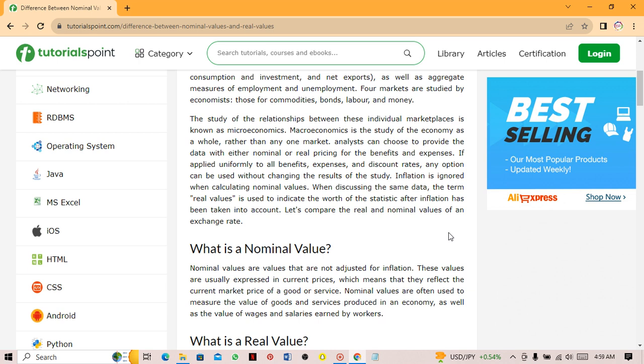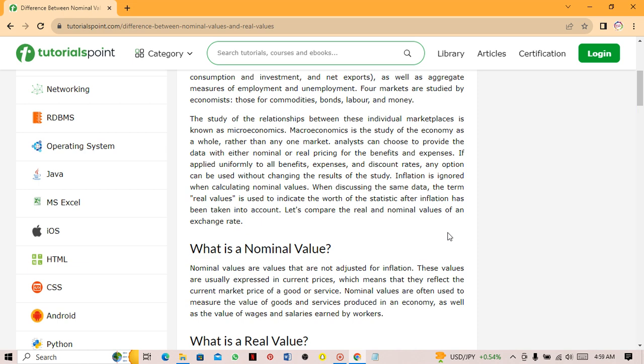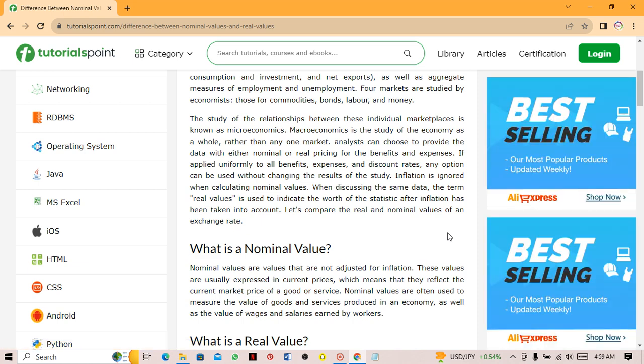Analysts can choose to provide the data with either nominal or real pricing for benefits and expenses. If applied uniformly to all benefits, expenses and discount rates, either option can be used without changing the results of the study.